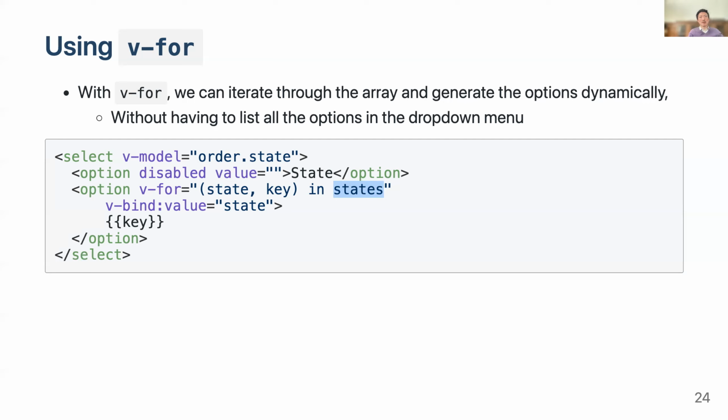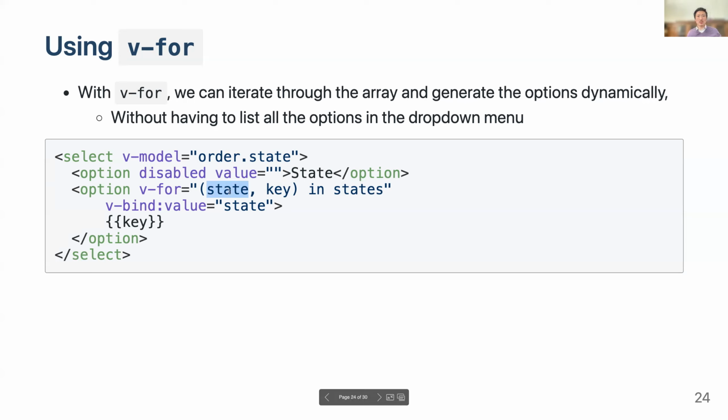If it's a JSON object, it iterates through all the key-value pairs, or the properties. The state itself will refer to each of the values. You can also get the key as well, but this has to be put afterwards.